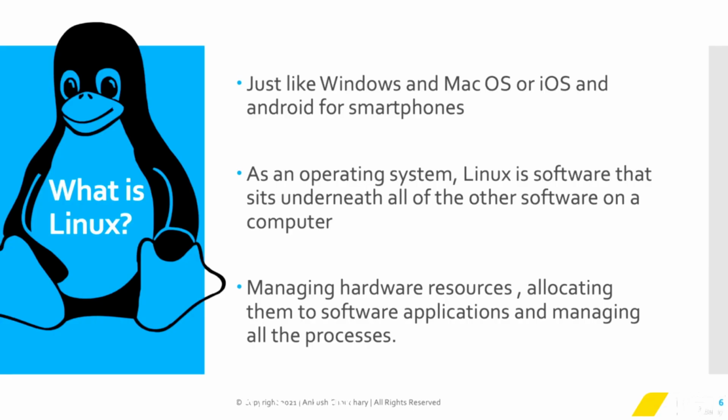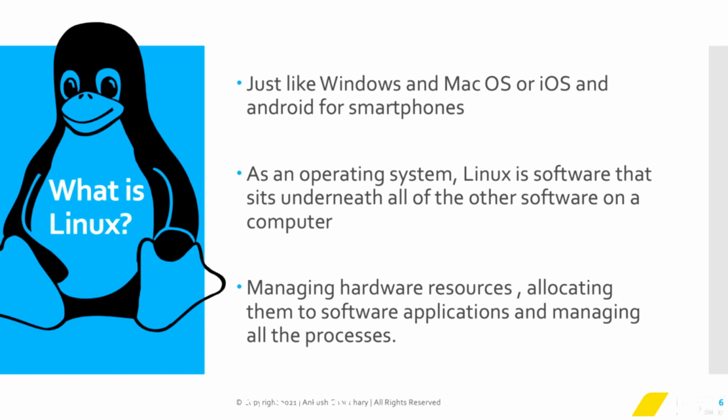Just like Windows and macOS, Linux is also an operating system. So what an operating system does is that it sits on all the hardware of the computer underneath all the other applications. What that means is, let's say I want to use an application in my computer, let's say a browser, or I want to use Excel.